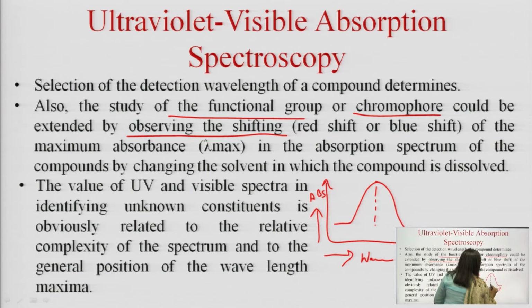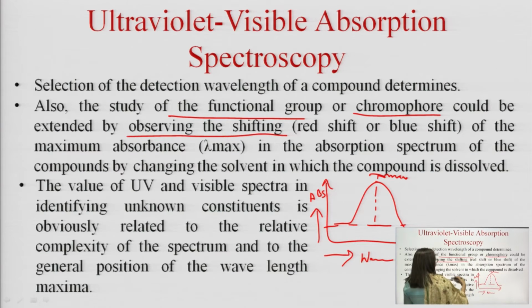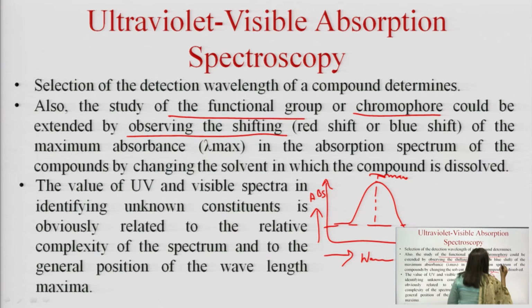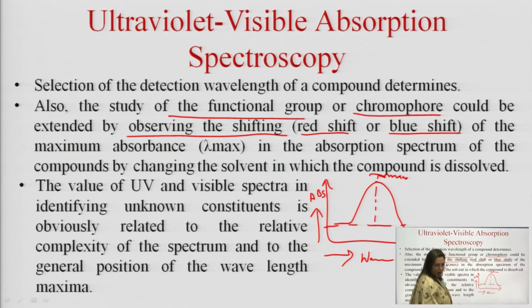The maximum is termed as lambda max. Any shift to the blue side suggests that the wavelength has shortened, and it is termed as hypsochromic shift.